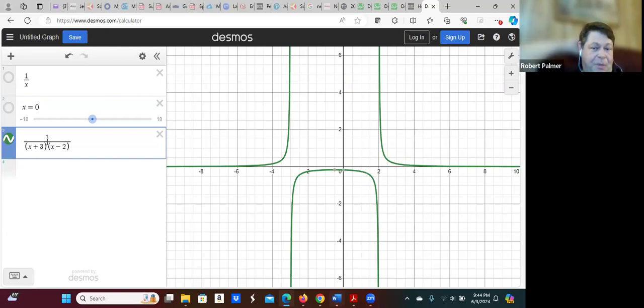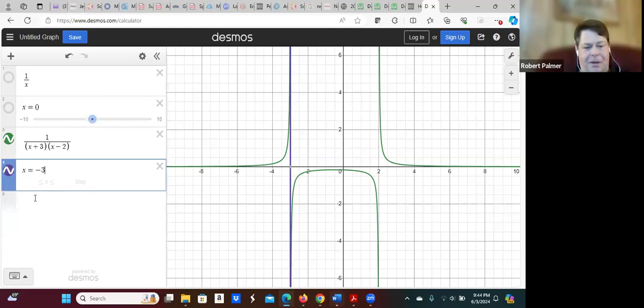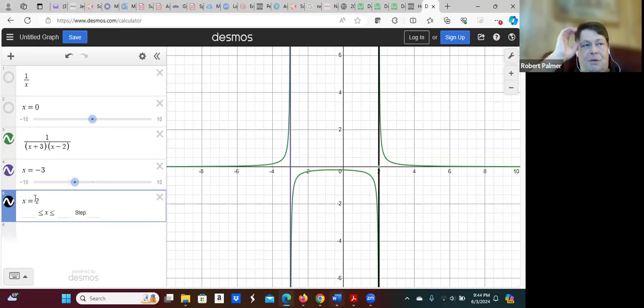We have these gaps, and x can't be 3 or negative 2. If we draw two vertical lines, x equals negative 3 and x equals 2, we can see we have two vertical asymptotes there. Think about our limits: as x approaches negative 3 from the left, it goes to positive infinity. If it approaches negative 3 from the right, it goes to negative infinity.